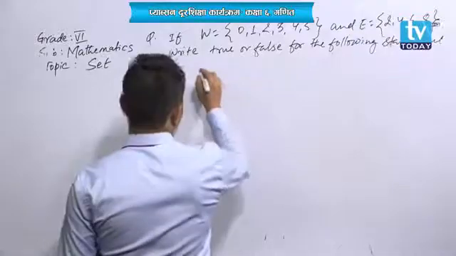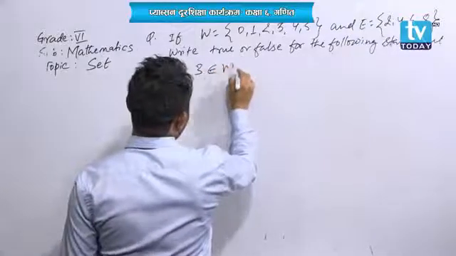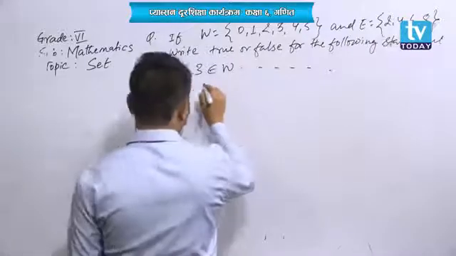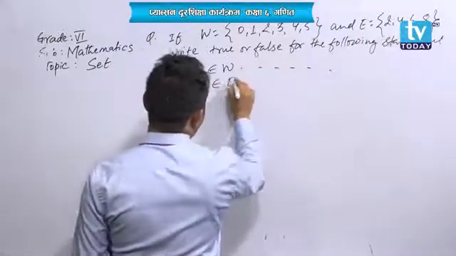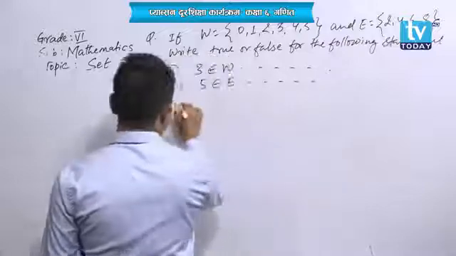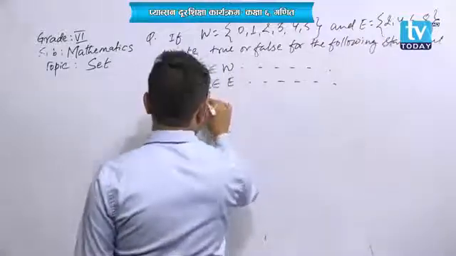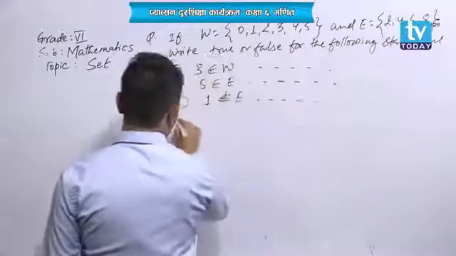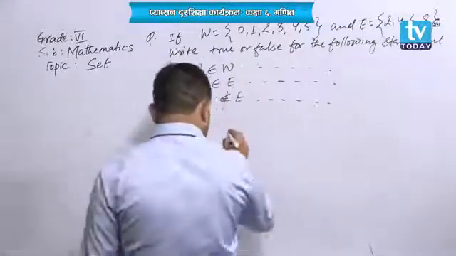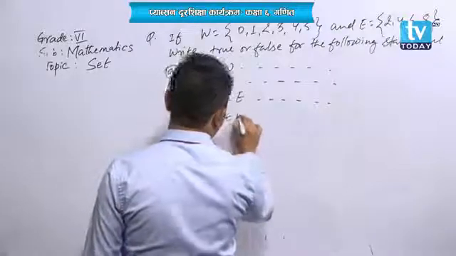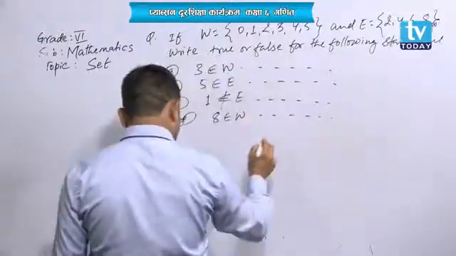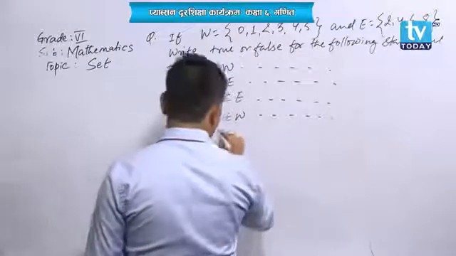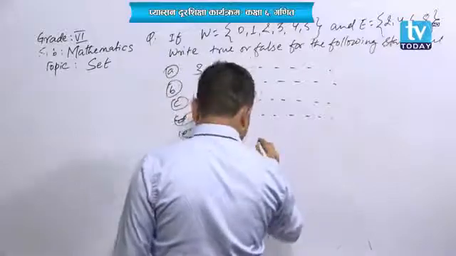A, 3 belongs to W. B, 5 belongs to E. C, 1 does not belong to E. D, 8 belongs to W. E, 4 does not belong to E.